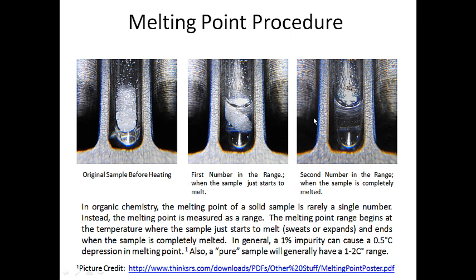And then the second number comes after all of the sample is completely melted. And so your range of organic melting points will be from where it first starts to change physical appearance to when it's completely melted. And this range can be very important in terms of determining the purity of the sample.